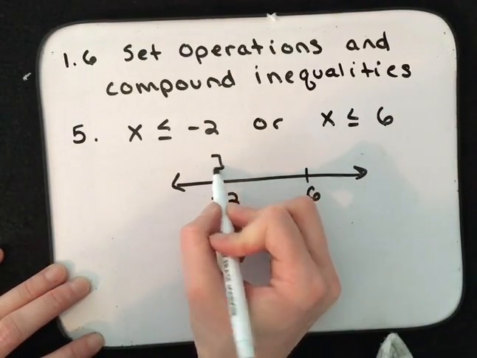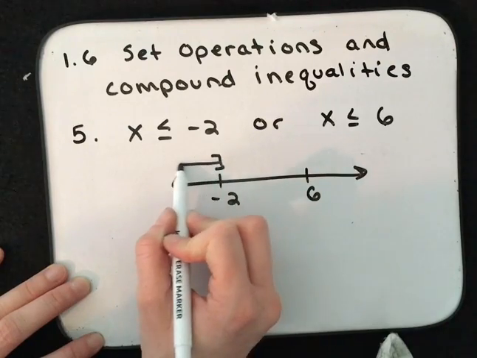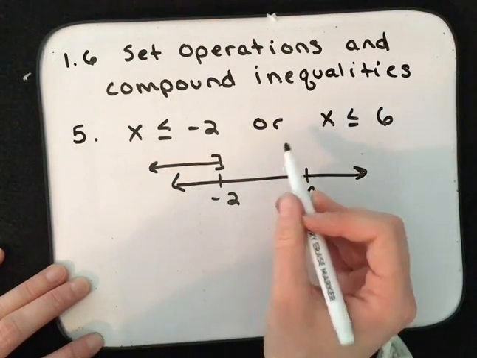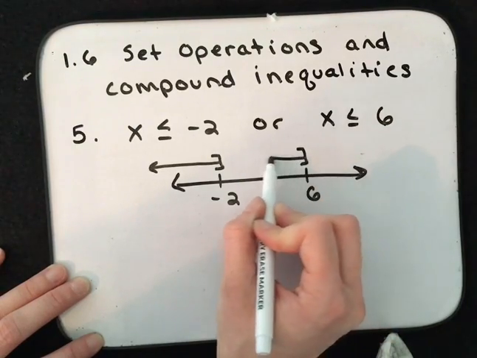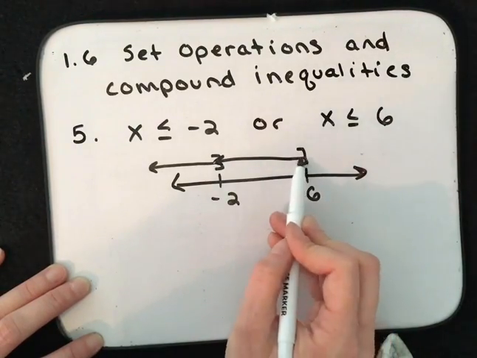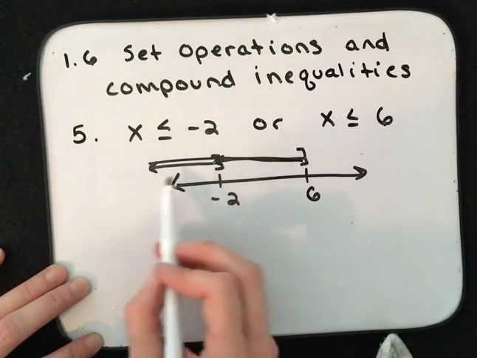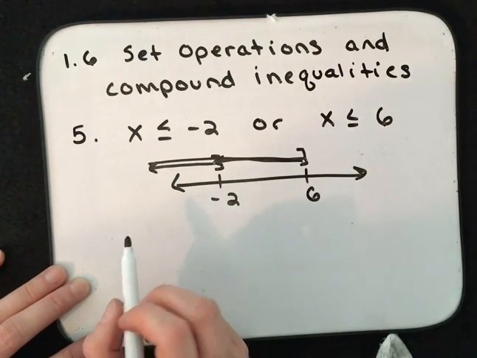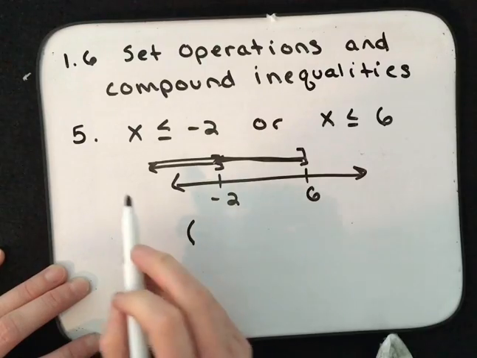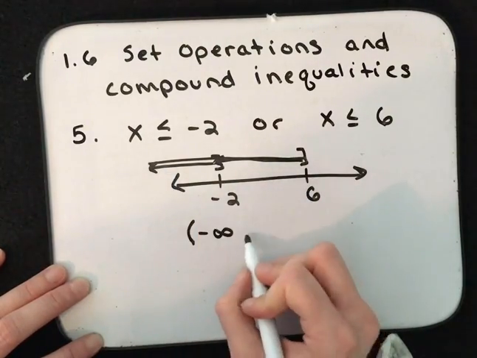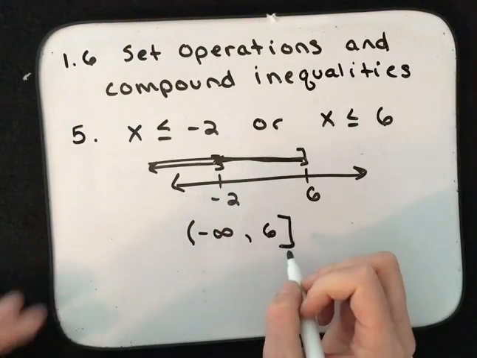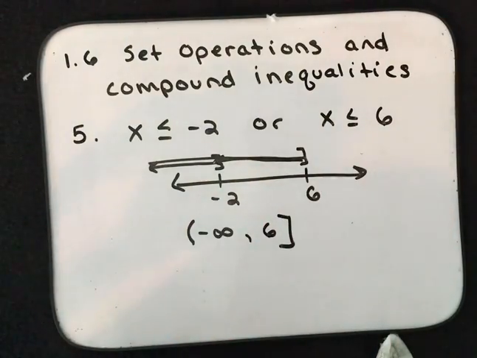So here's my bracket. Less than or equal looks like that. Or x is less than or equal to 6. So here's my bracket. Looks like that. You see how this piece is going to completely overlap the portion from the negative 2? So that means if we write this in interval notation, everything starting at negative infinity all the way up to 6 will be a solution to our inequalities.